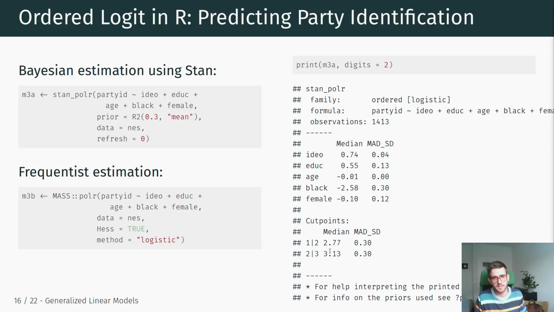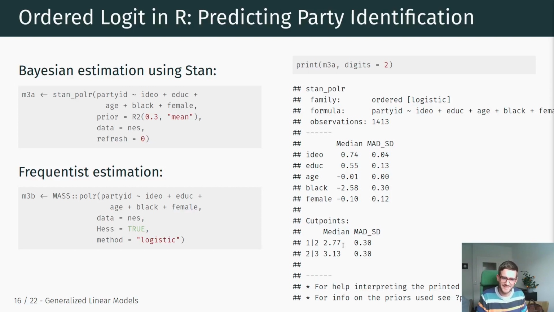Okay, and by virtue of estimating those based on the data, we can also evaluate whether a switch from 1 to 2 is equal to a switch from 2 to 3 is equal to a switch from 3 to 4, and so on, right? While in the linear regression framework, we made the assumption that a 1 unit change in y is constant and equivalent across the range of y.